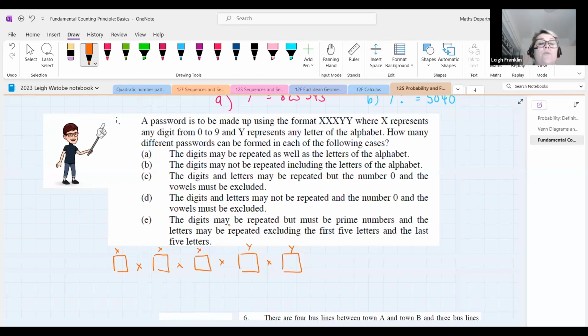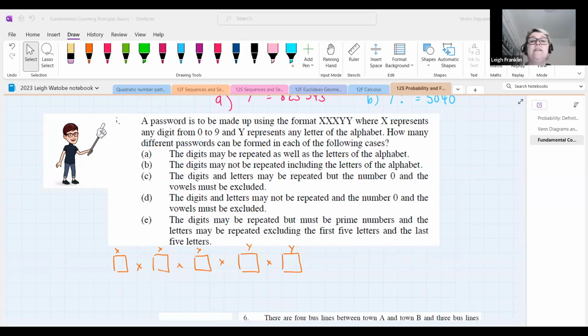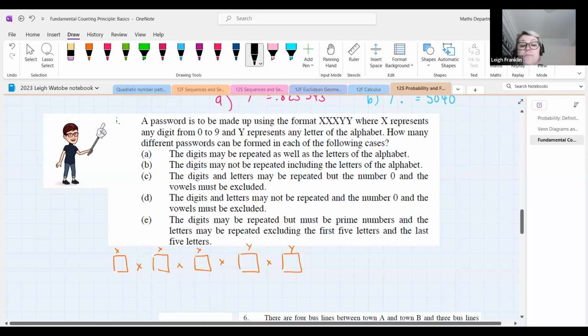So if we're working with digits from 0 to 9, how many different digits are there if we include all our digits from 0 to 9? Exactly, it's 10 different digits. Good, everybody. So in how many ways can we fill the first block?